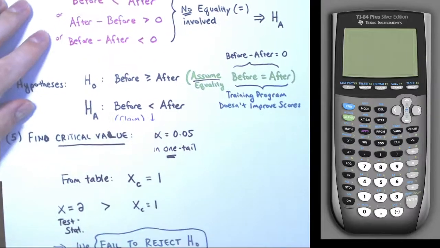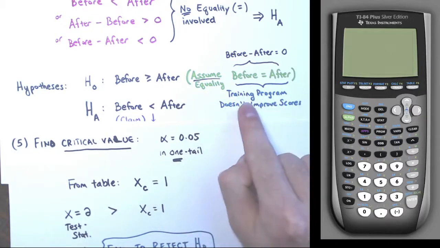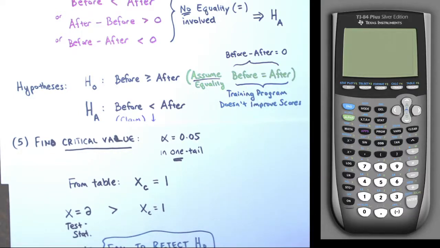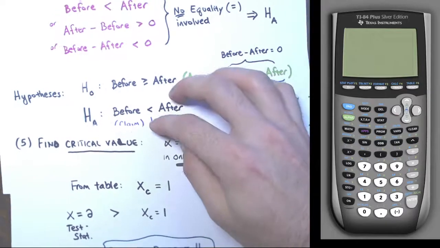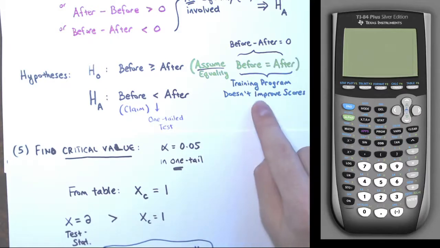The null hypothesis here was that the training program doesn't generally improve scores. The opposite of the null hypothesis is the alternate hypothesis. So we are not rejecting this based on our sample.